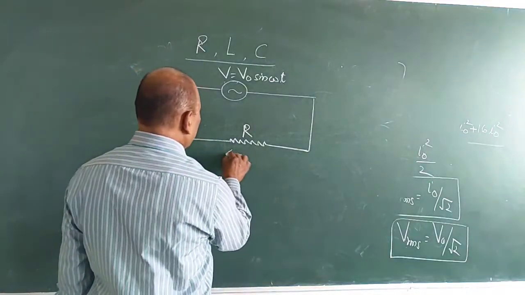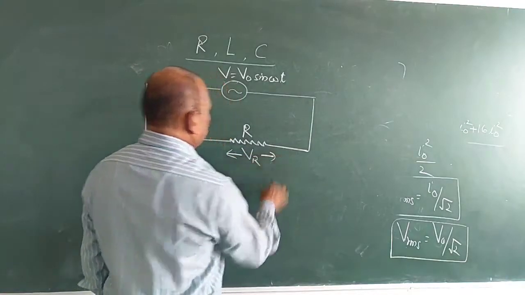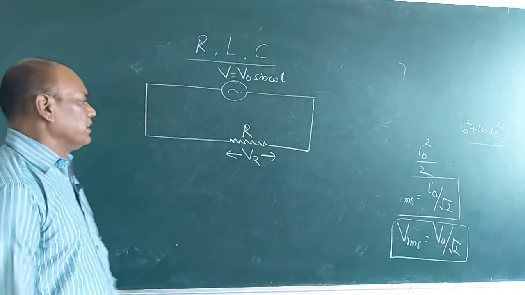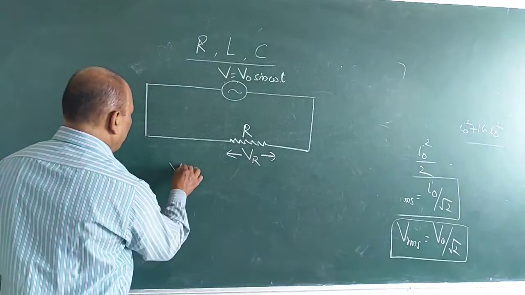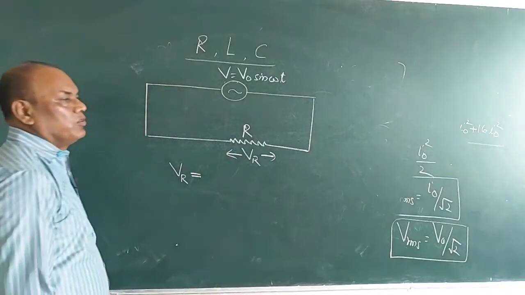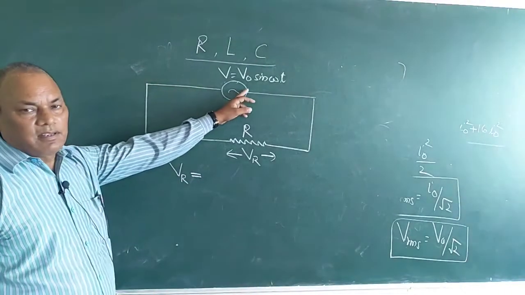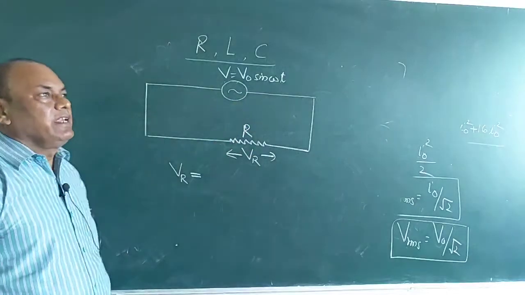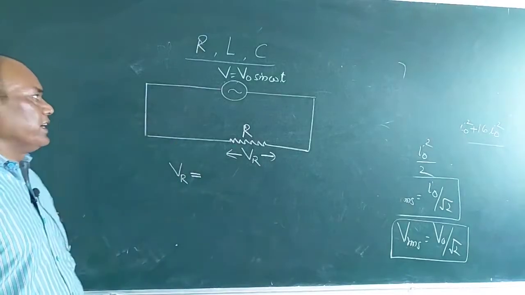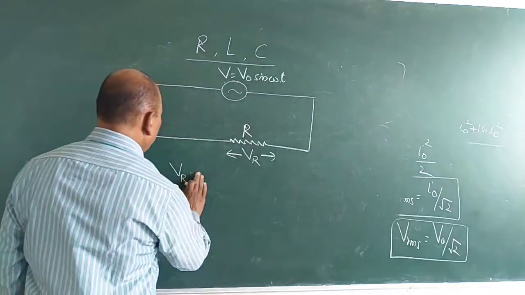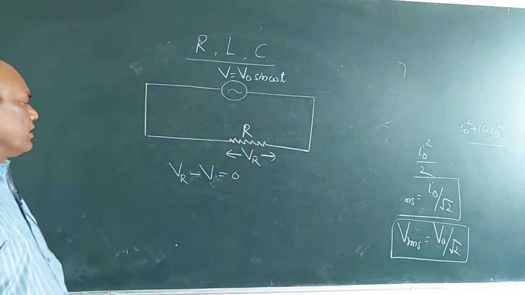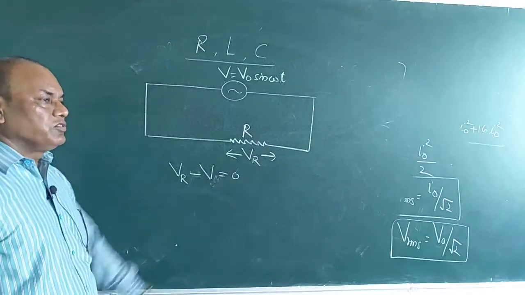The voltage VR is the alternating voltage across this resistance. Now VR is equal to what we have to write here. By applying Kirchhoff's second law, we can say that VR minus V equals 0.